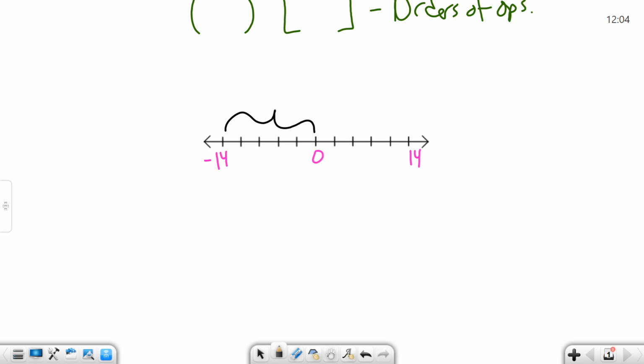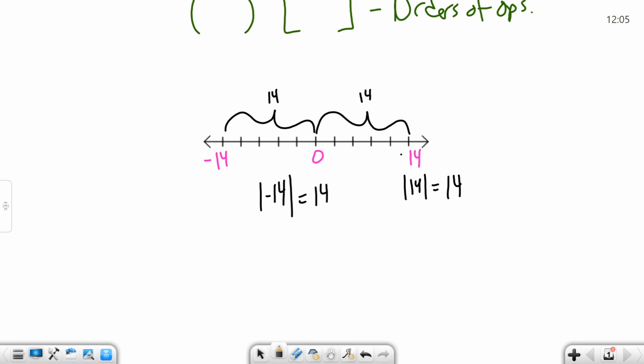Both of these are 14 places away from 0. So their absolute value would be 14. And there's no sign. Even though it looks positive, that's still 14.